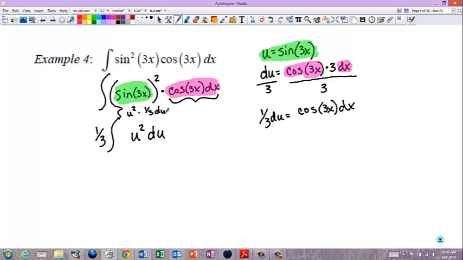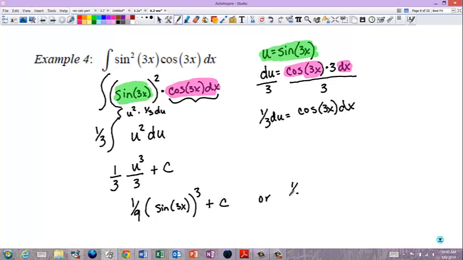U squared, if you integrate that, you add 1 and divide. You got your 1/3 out front, plus c. So you end up with 1/9 u, but what's u? Sine of 3x cubed plus c. Or you'll see it written as 1/9 sine cubed of 3x plus c.